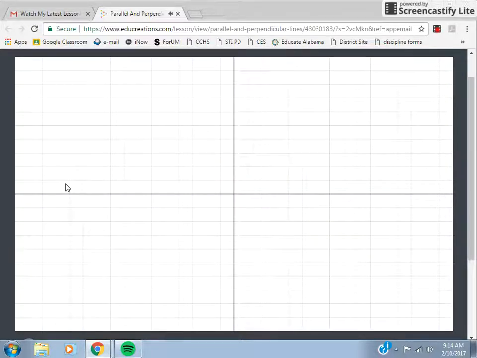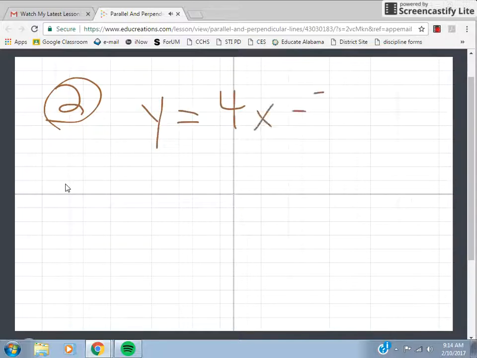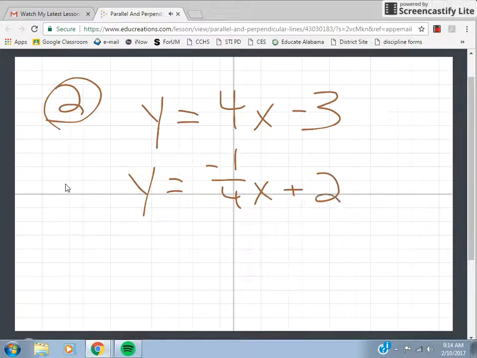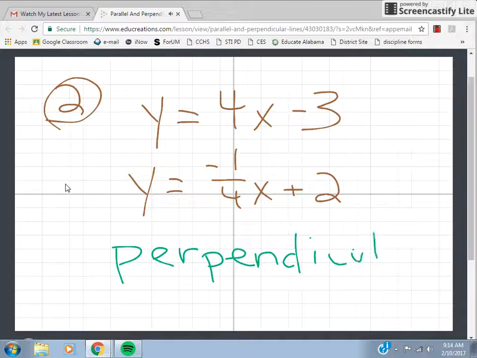Alright, let's take a look here. y equals 4x minus 3 and y equals negative 1/4 x plus 2. Alright, are these lines parallel or perpendicular? If you said that these lines are perpendicular, you are correct. We know that they are perpendicular because the slopes are opposite reciprocals.